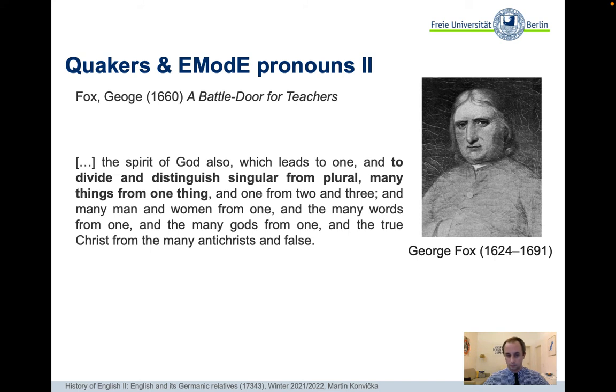So he explains like this: the Spirit of God also, which leads to one and to divide and distinguish singular from plural, many things from one thing, and one from two and three, and many men and women from one, and the many words from one, and the many gods from one, and the true Christ from the many antichrists and false.